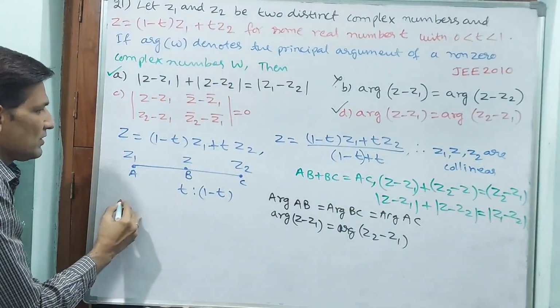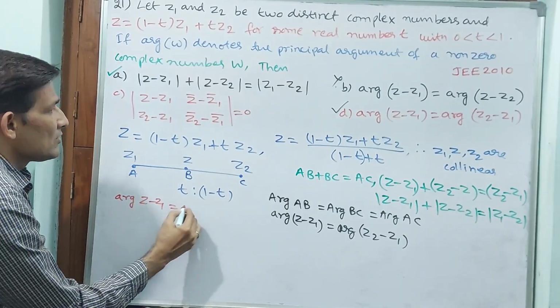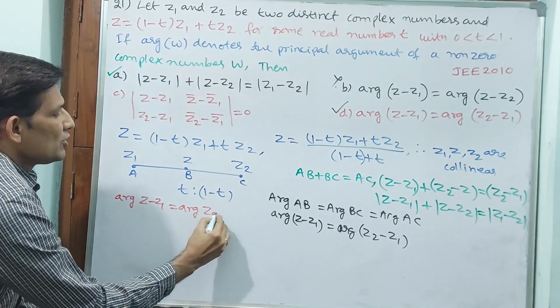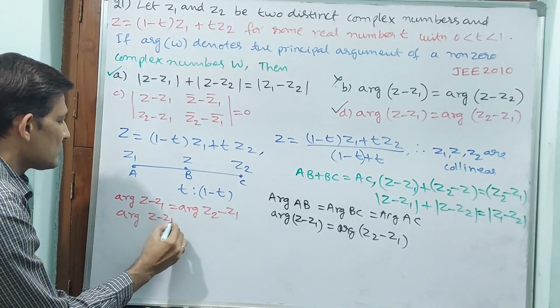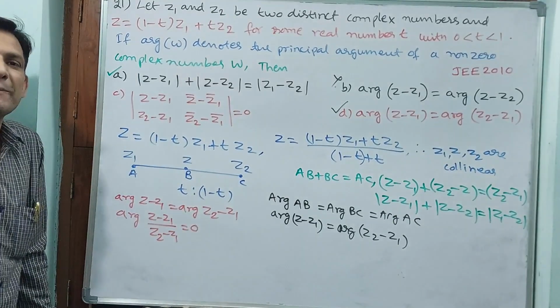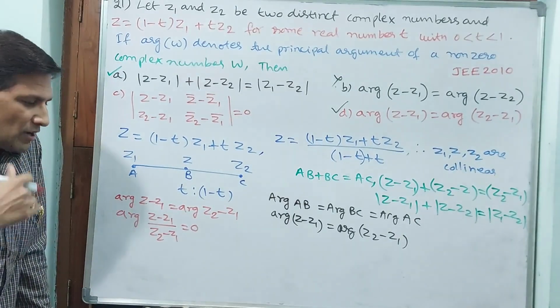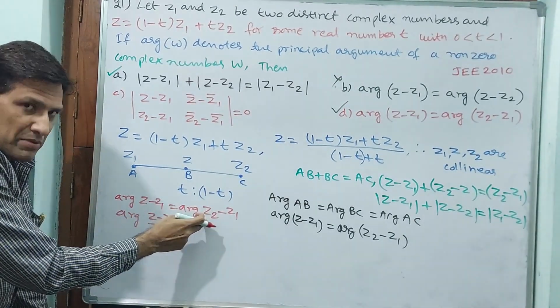Once again I will write, you see what I am changing. Argument of z minus z1 is equal to argument of z2 minus z1. Shall I write like this? Argument of (z minus z1) by (z2 minus z1) is equal to 0. As per algebra, if it comes this side, automatically 1 will be there.